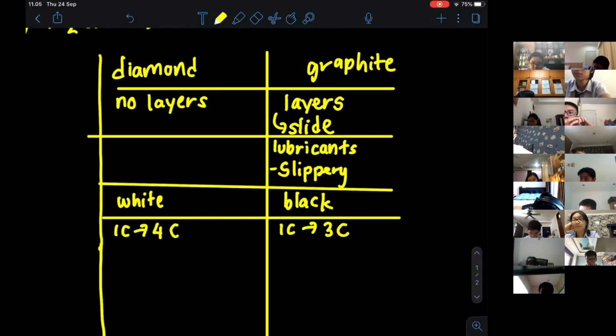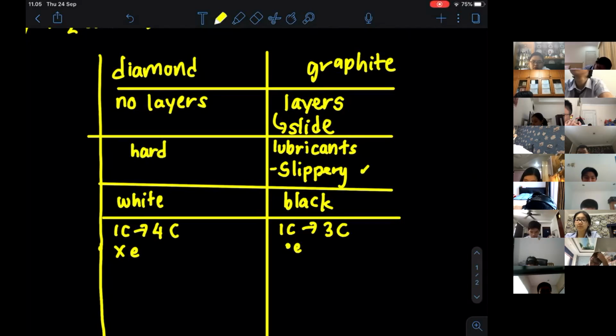So it means that in graphite, each carbon has one extra electron, while in diamond there is no extra electron. So graphite is slippery, and diamond I'll just put as hard, because of the structure. The structure is arranged in a tetrahedral repeating form, with no layers, and so on.